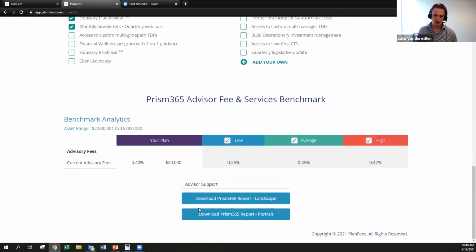And then just like the other report, click a button and you get your low, average, and high for plans of a similar size. With this particular report, the bands are not customizable because of how tied the data is to the different asset ranges. So you see for the Prism 365 report, it's going to automatically select an asset range for you. So this is looking at plans between $2.5 and $5 million.